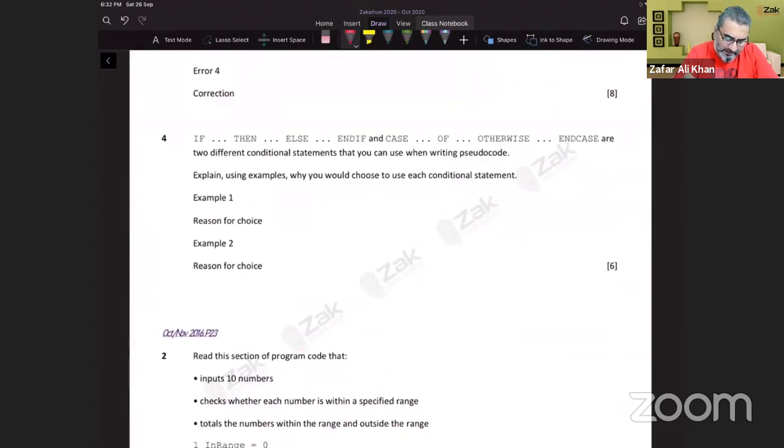Two different condition statements that you can use when writing. Explain using example why you would choose to use each condition.